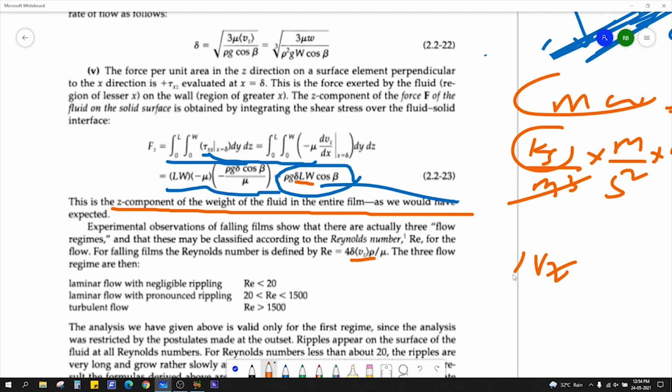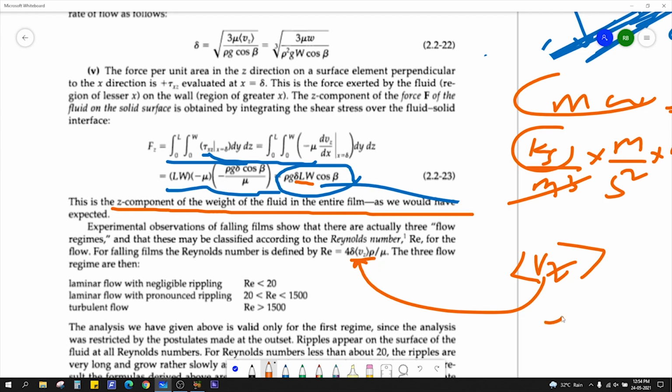You have to first find the average velocity, then put it in the Reynolds formula, then only you will get the Reynolds number. But it is a little bit different from the usual definition. That is 4 delta rho v_z average by mu.